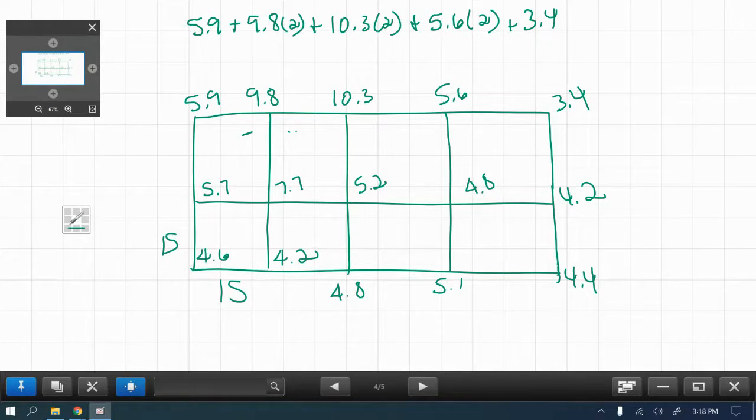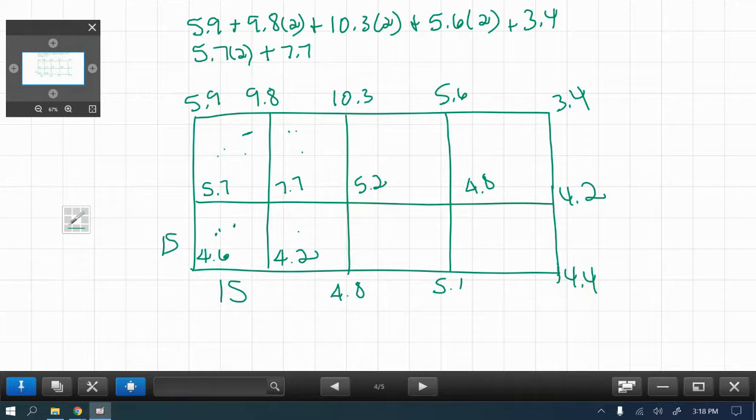Going to go to the next row. I'm going to start with 5.7. 5.7, it touches 2, plus 7.7. How many squares does that touch that look the same?